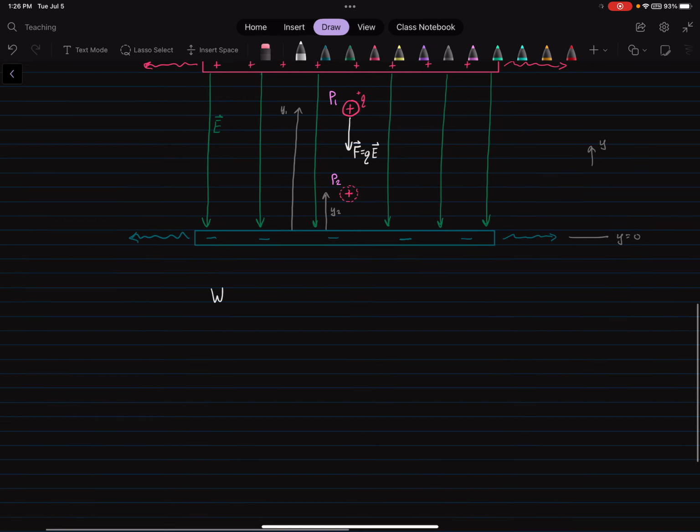So the work from point 1 to point 2 is equal to F dot S, and the force is pointing down, and the displacement vector is down. So the dot product is evaluated as just F times S. The difference between point 1 and point 2 is QEY1 minus QEY2.